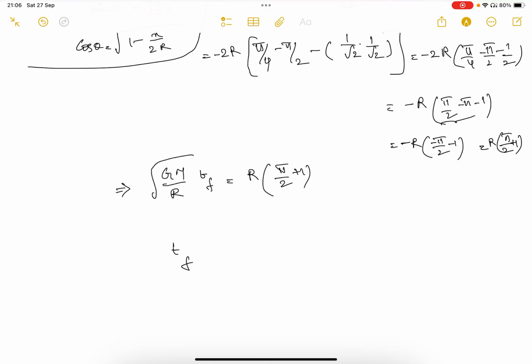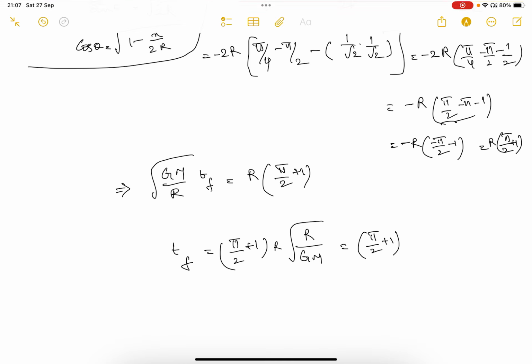So finally, t_f is pi by 2 plus 1, right? Pi by 2 plus 1 into r into root of r by g. Or else you can write a more simplified, compact form.